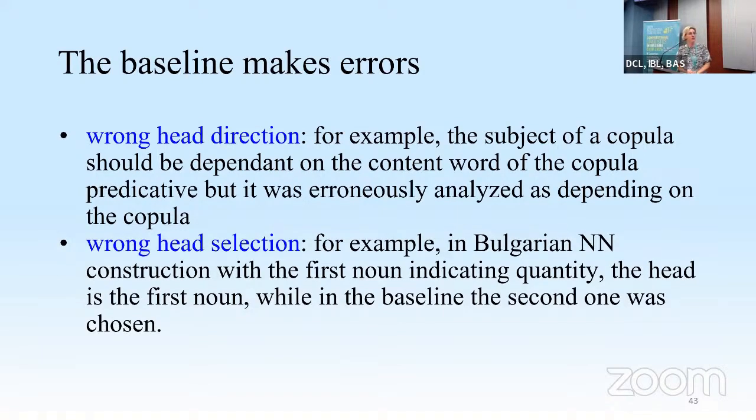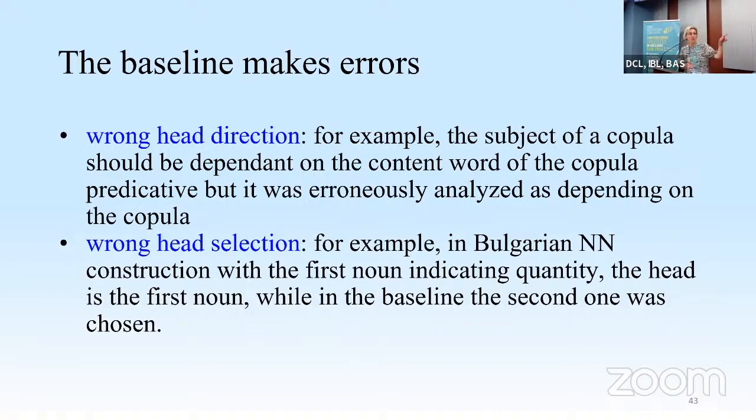Okay, the baseline makes errors in, for example, wrong head direction. It should be in one direction, but it did it in the other way. I will not go into details because it's very specific to Universal Dependencies, but it's there. Wrong head selection: we would expect some word to be the head because it should learn it, but then it selects the other one.